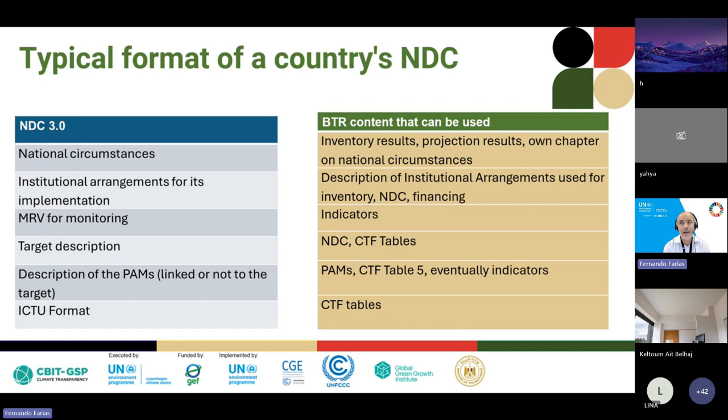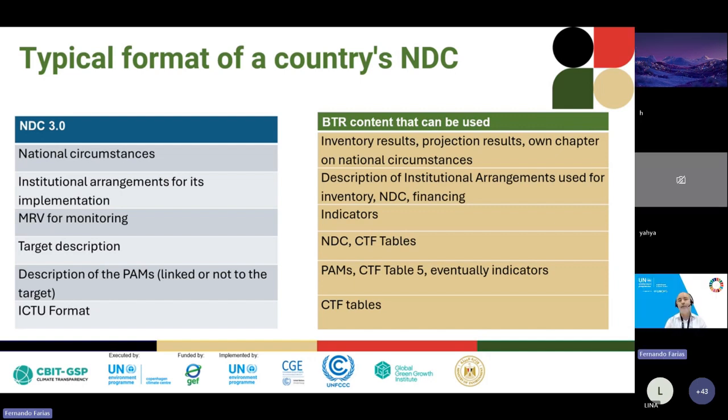For instance, you may evaluate if it is needed to have so many indicators or so many targets in your new NDC 3.0 if it was complicated to collect all the information to report on these indicators under the BTR1.